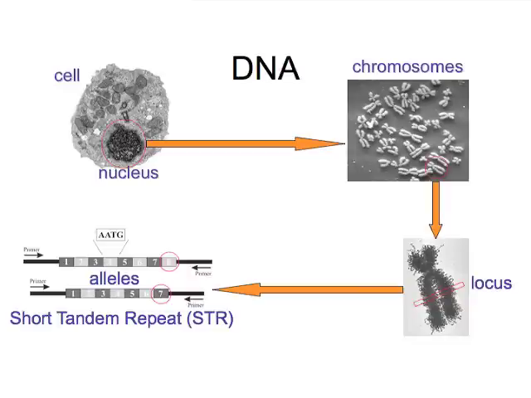These different locus DNA values are called alleles. The short tandem repeat, or STR, locus contains alleles made up of repeating units. Each tandemly repeating unit is usually a sequence of 4 DNA letters, such as the AATG DNA word shown here.